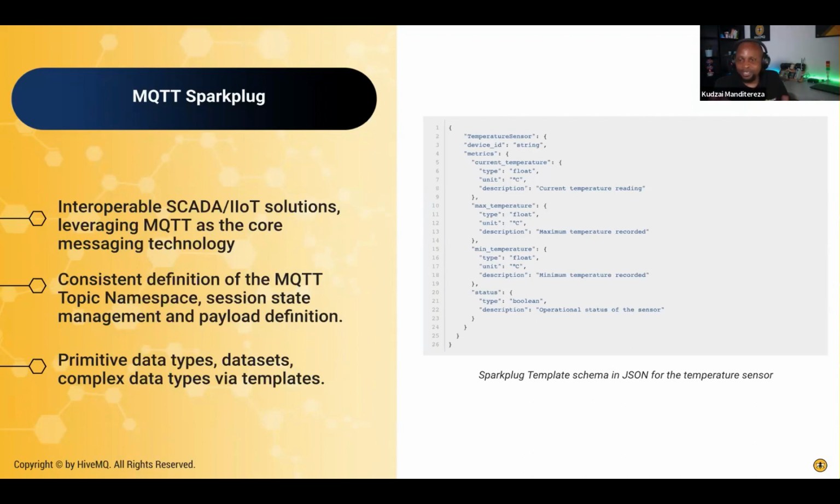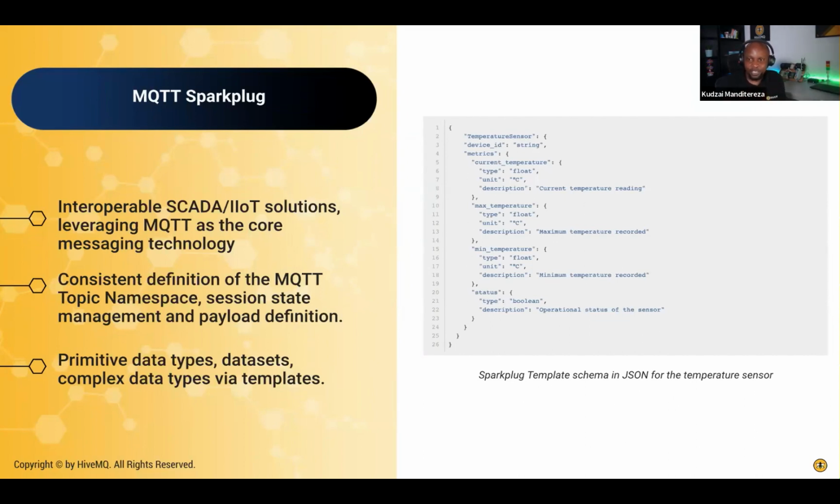You get to decide how you represent the session state, and more importantly, you get to define how you represent that payload, right? So you might want a situation whereby you want to use MQTT, but you want a standardized representation of your payload structure. This is where MQTT Sparkplug would be useful, because MQTT Sparkplug provides definitions for data types, data sets, and also for complex data types using what are called templates. So basically, templates are a way of modeling your objects.